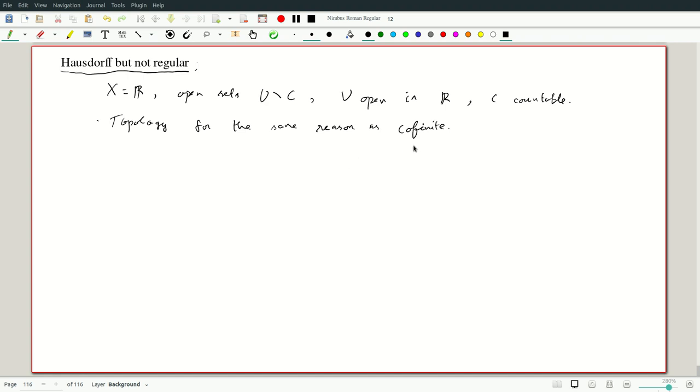So the same argument tells you this is a topology, and the claim is that this is Hausdorff. Well, why is that? Because R is Hausdorff. So there is no problem.